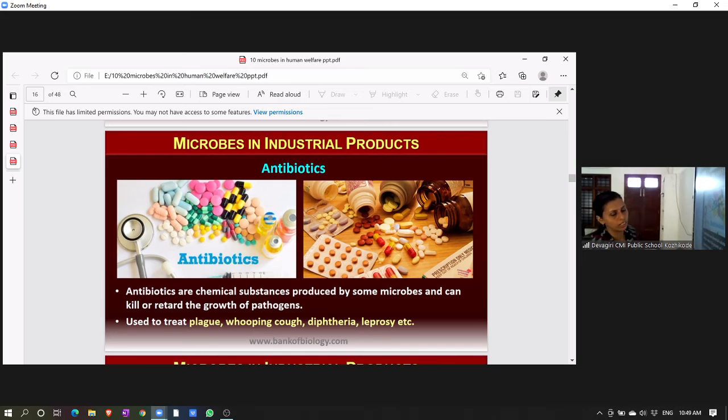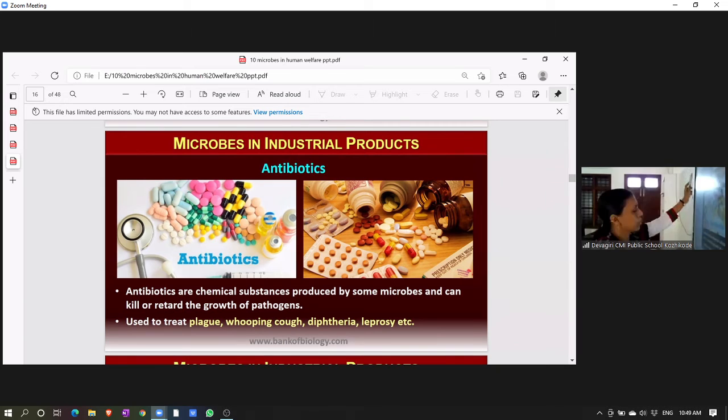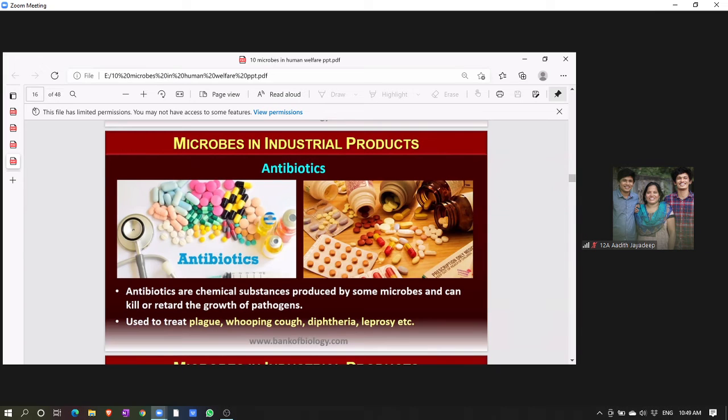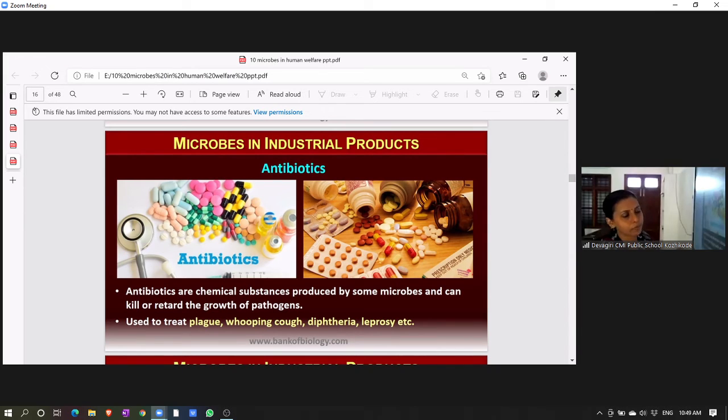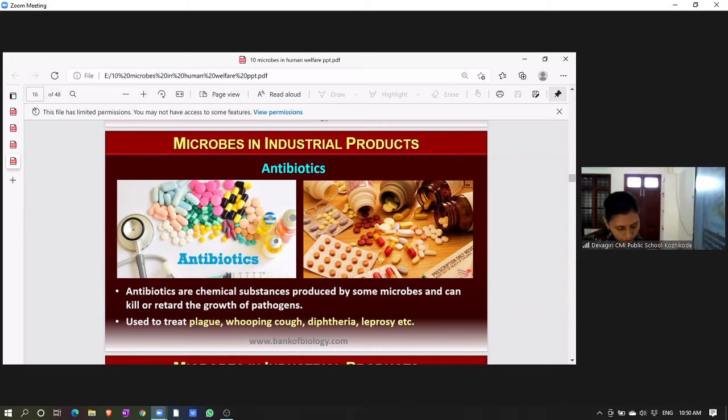Antibiotics are chemical substances which are produced by microbes and can kill or retard the growth of other microbes. Okay, now Biju. Give me the definition for antibiotics. Antibiotics are chemical substances which are produced by some microbes and can kill or retard the growth of other microbes. Okay, Arjun.